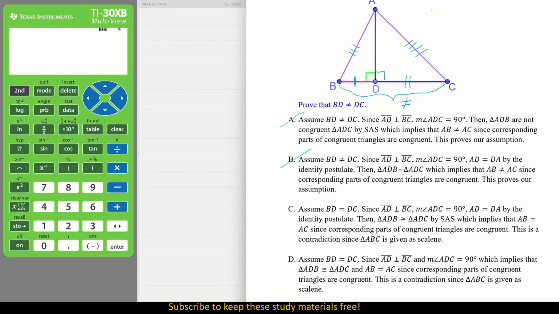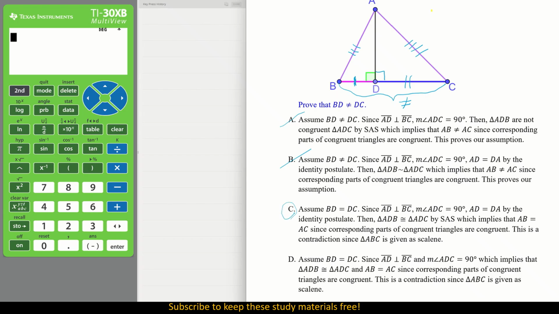Since corresponding parts of congruent triangles are congruent. However, this is a contradiction, and that's not what's true. We're looking at a picture that truly gives it to us, but we know by all of these conclusions that it's a contradiction because this is scalene. So that's simply not true.